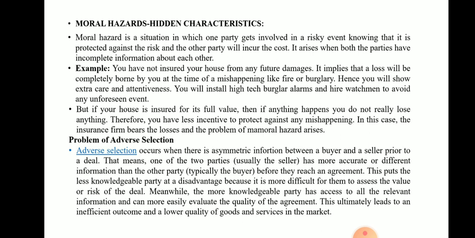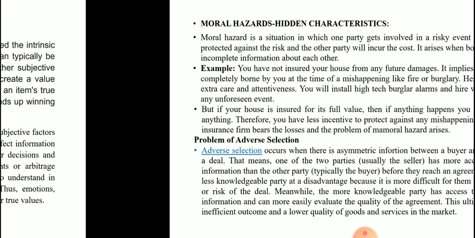Meanwhile, the more knowledgeable party has access to all the relevant information and can more easily evaluate the quality of the agreement. This ultimately leads to an inefficient outcome and a lower quality of goods and services in the market.